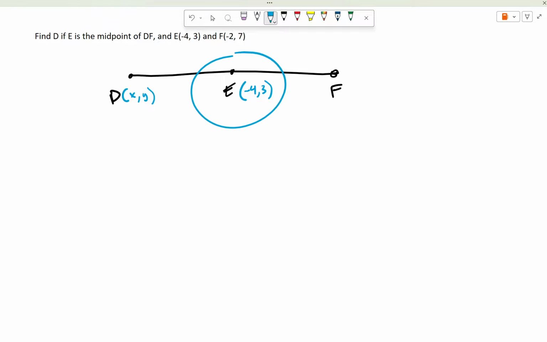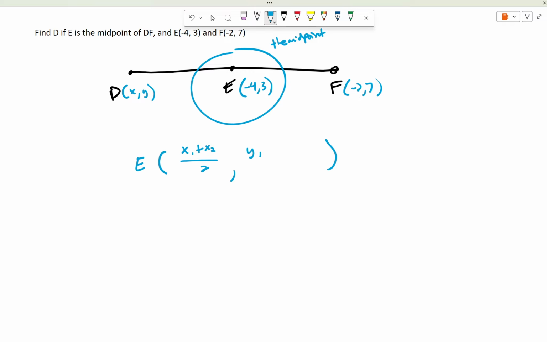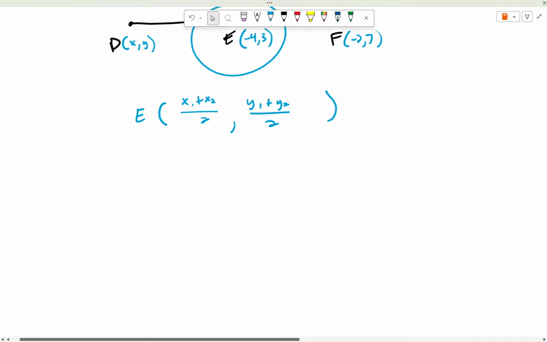So this is the answer from using the formula. And then the F is negative 2 comma 7. All right? So if E is the midpoint, I have this X sub 1 plus X sub 2 over 2, comma, Y sub 1 plus Y sub 2 over 2. Okay? But the thing is that E I already have.